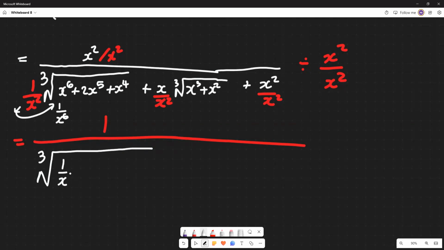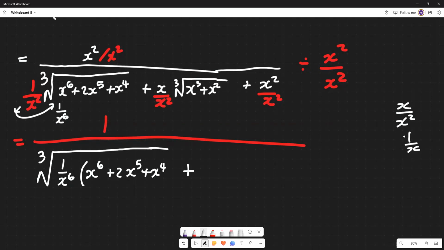So x to the power 6 plus 2x to the power 5 plus x to the power 4. And then plus, x over x squared is 1 over x.